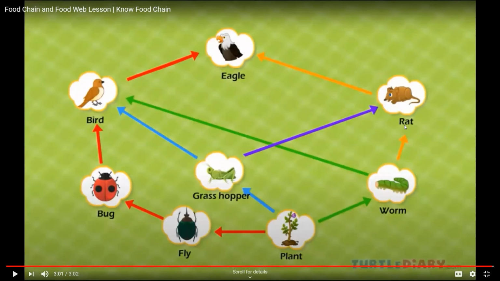The worm is eaten by the rat, and grasshopper is also eaten by the rat and also by the bird. And rat is also eaten by the eagle. So this is a complex network of many food chains that together form a food web.